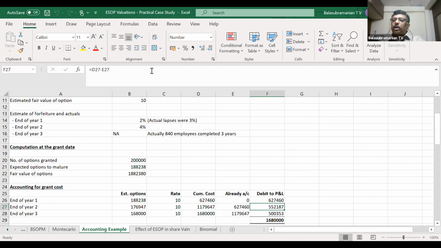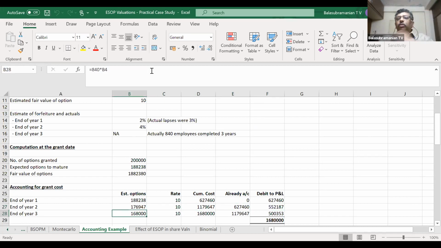So the difference you take to P&L. So if you take this for 2 years, not 1 year, based on the revised thing, divided by 3 into 2, and from that you deduct what you have already accounted, the balance is 552. If you see, this is reduced primarily because your expectation of the number of options which are going to expire has dropped from the previous year.